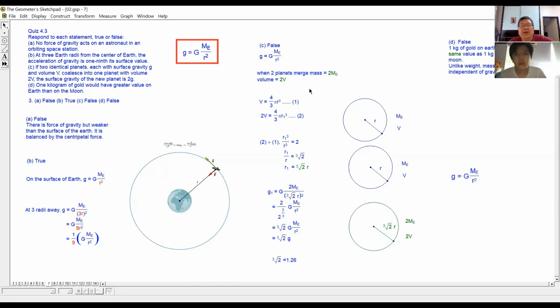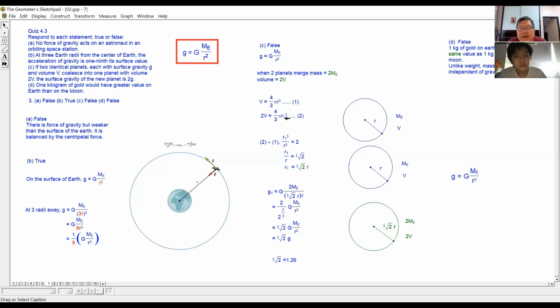Okay, now I use equation 2 divided by equation 1. You can see that on this side, the 4 over 3 pi and the 4 over 3 pi will cancel off.